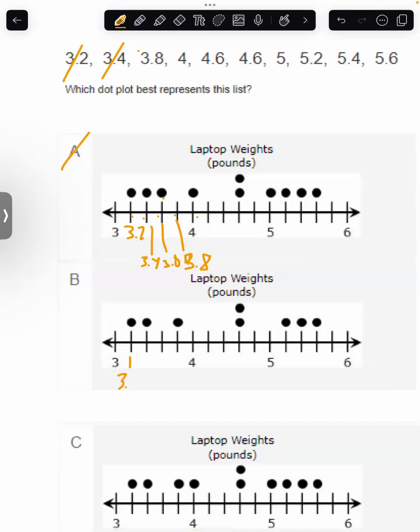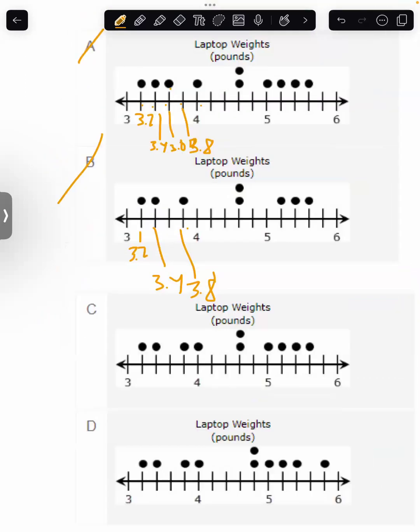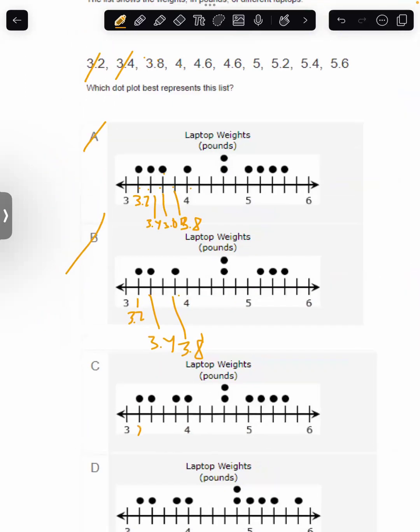Okay. So the same thing here. So that's 3.2, 3.4. Cool. All right. Then we need a 3.8. Hooray. But we don't have a 4. So that can't be it. All right. Here, 3.2. Cool. 3.4. Yeah. 3.8.